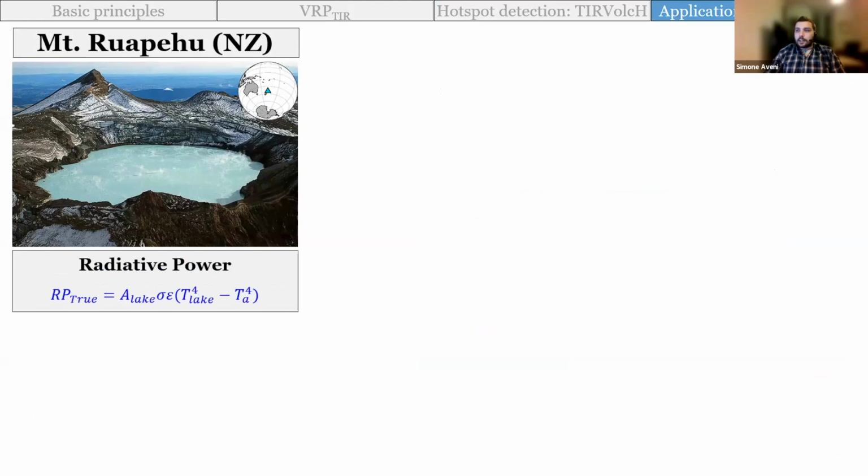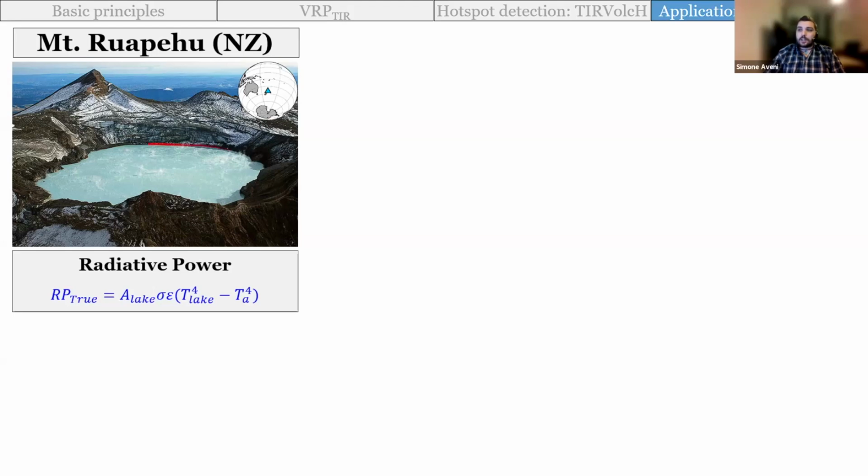Fortunately, though, GeoNet has a sensor installed at Mount Ruapehu, which continuously measures the lake temperature. These data are freely accessible, so we downloaded them. We also know the area of the lake, which has been relatively stable in the past 12 years.